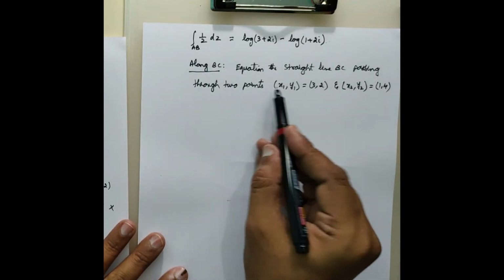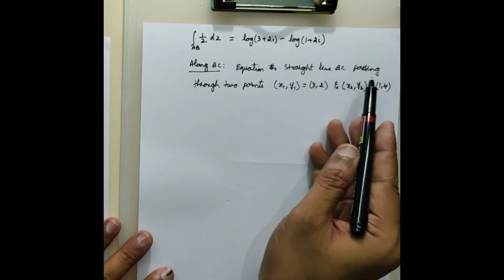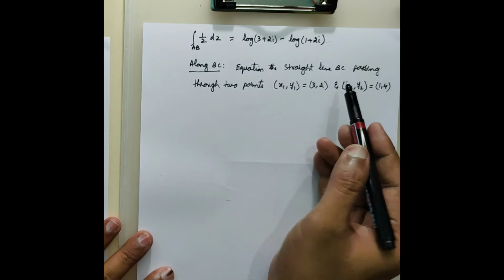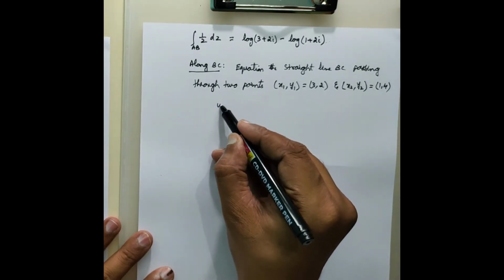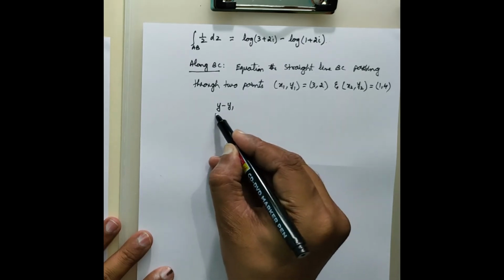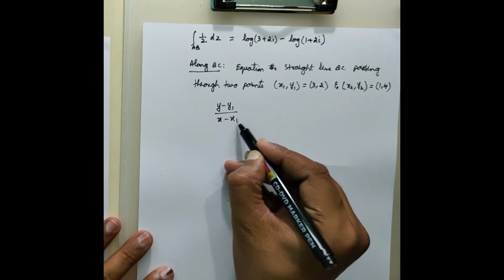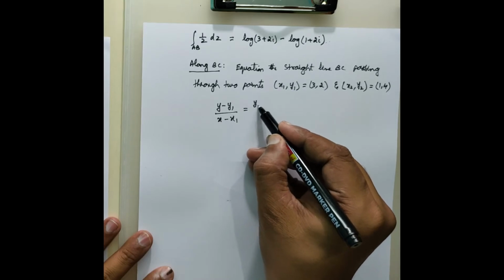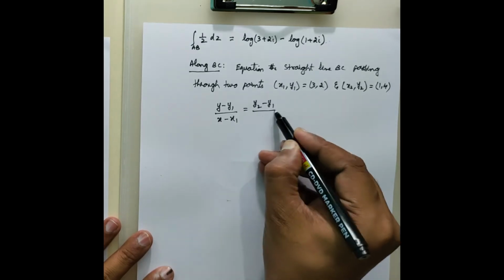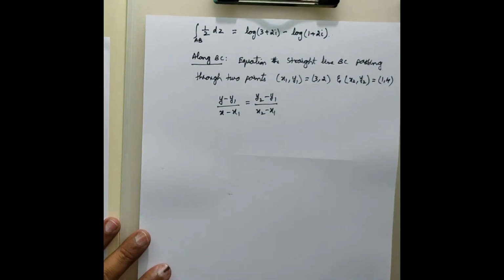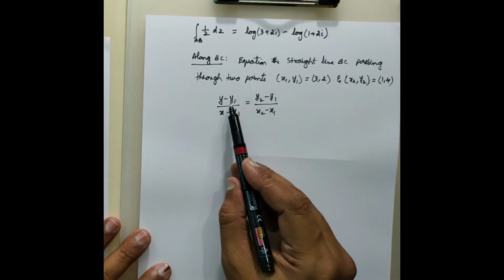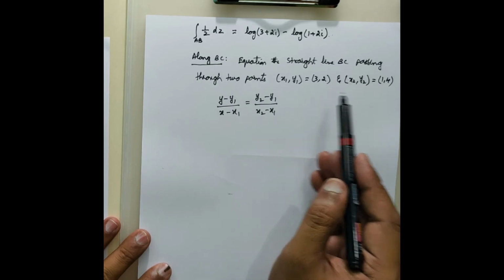So we know the equation of a straight line passing through 2 points x1 comma y1 and x2 comma y2. Therefore the formula is y minus y1 divided by x minus x1 is equal to y2 minus y1 divided by x2 minus x1. So just plug in the values of x1, y1, x2 and y2.